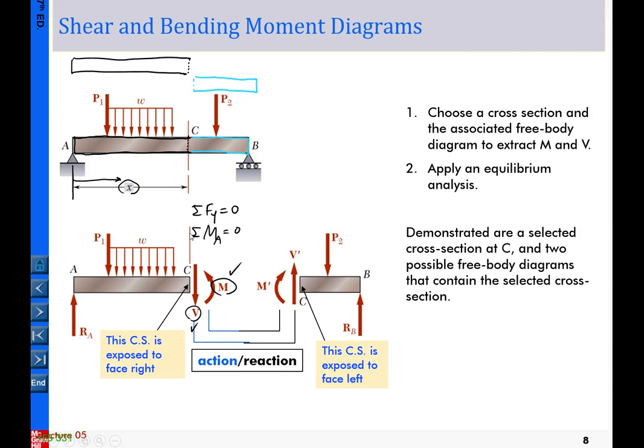Here are two kinds of conclusions. The first one is you pick the cross section at an arbitrary location, then you decide which portion of the free body diagram you want to pick, to expose the section where you want to find the reaction, and apply the equilibrium equations to find the values of V and M. And right now you have calculated the magnitude of V and the magnitude of M, and that is the value at this position X. Then what remains is to build up the curve.